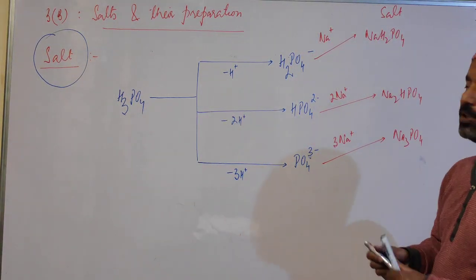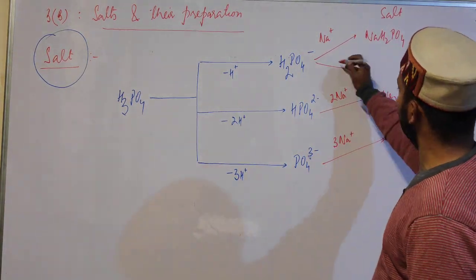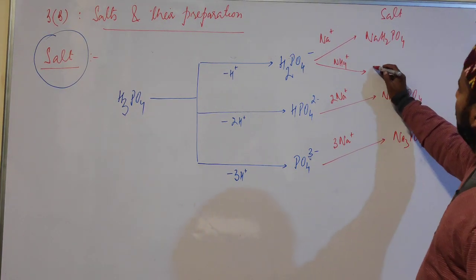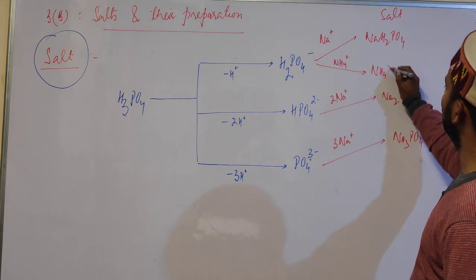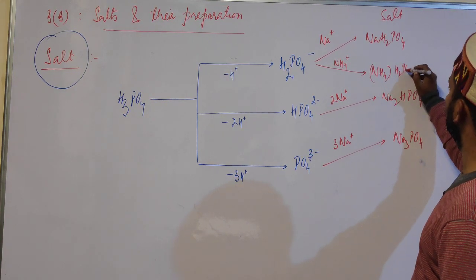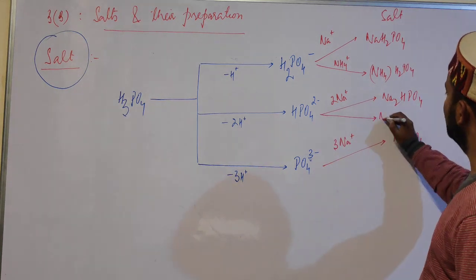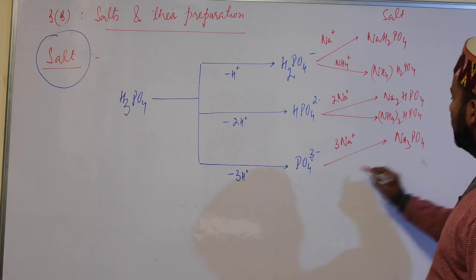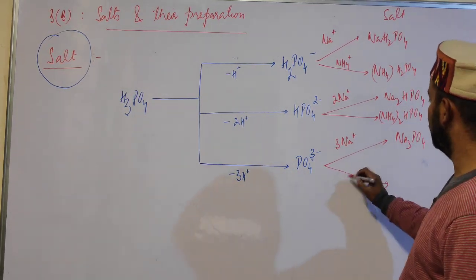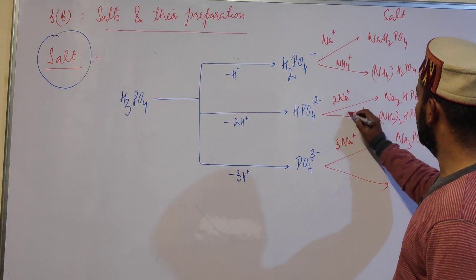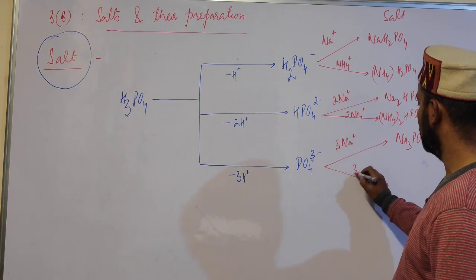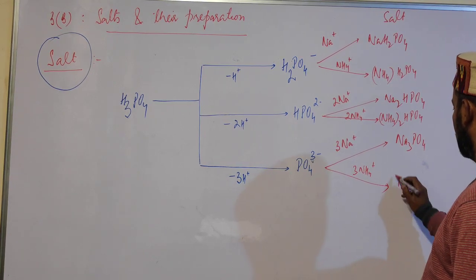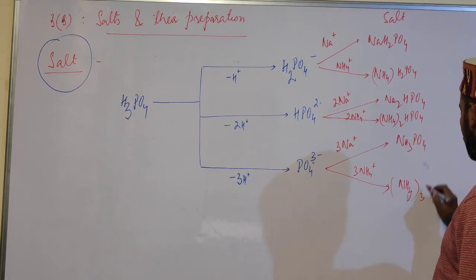So these are the salts which are formed by partial and complete replacement of ionizable hydrogens of an acid by a metallic ion. Now secondly, students, we can have an ammonium ion also. So when the ion replacing the hydrogen is ammonium ion, we get NH4H2PO4. In this case, we'll get (NH4)2HPO4, and in this case we will have 3 ammonium ions, so we will have ammonium phosphate.